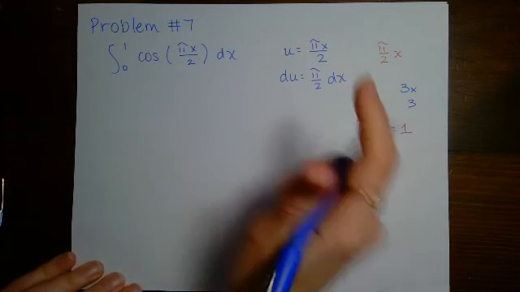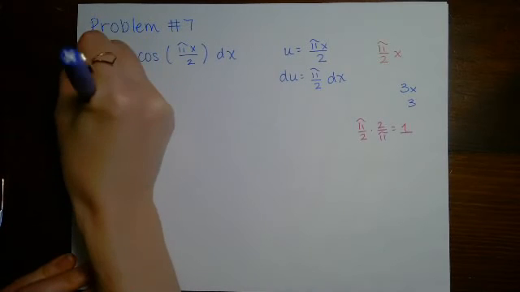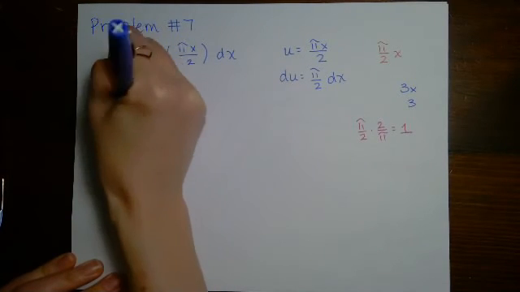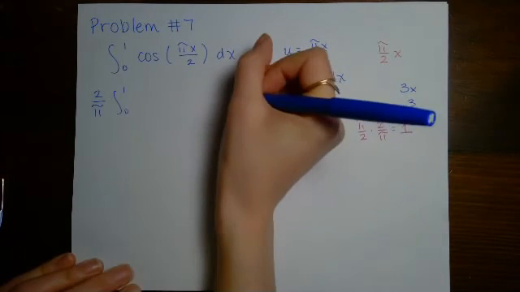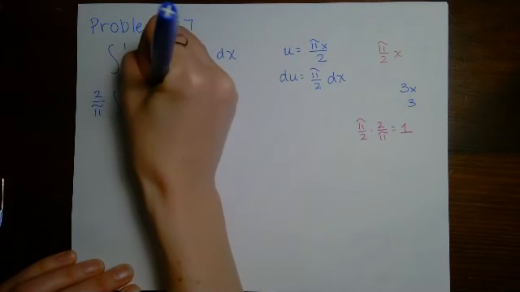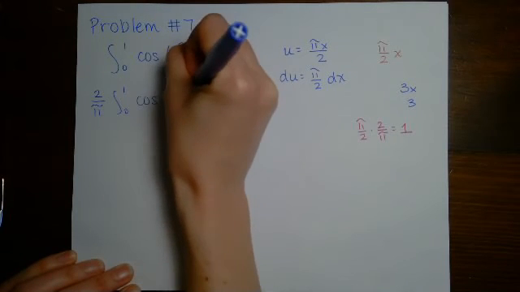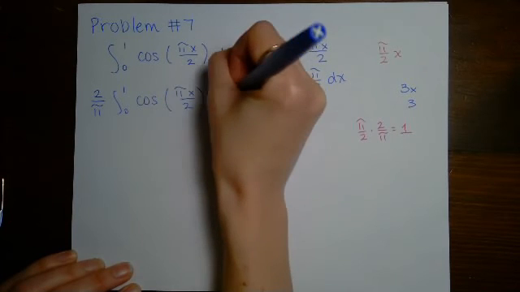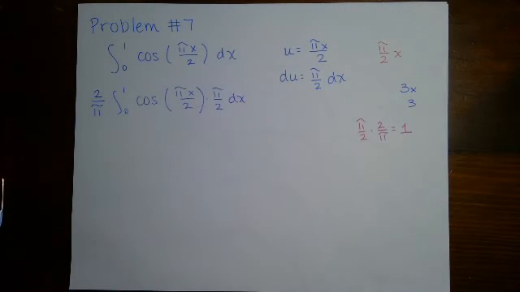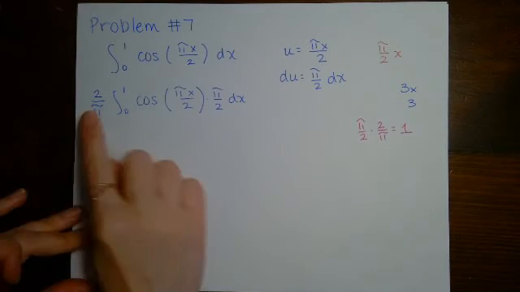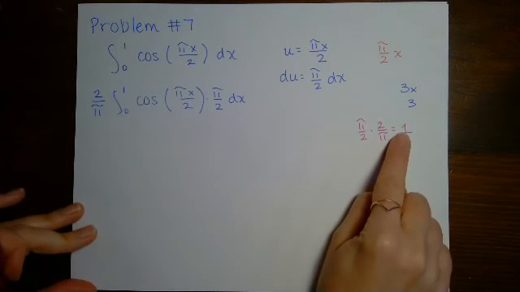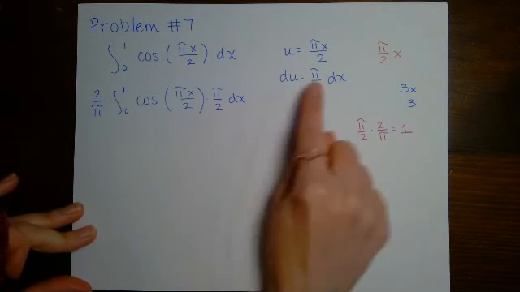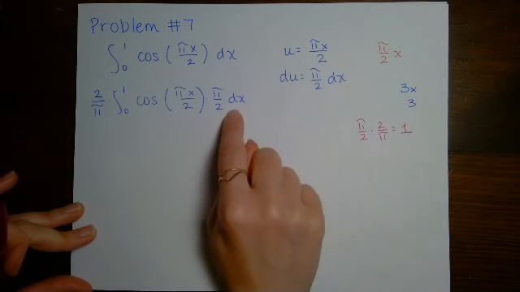So my next line is going to be a 2 over pi outside the integral, cosine, and I'm just going to write it all out for a moment. What I have here is I multiplied by 2 over pi and pi over 2, because that equals 1. And then pi over 2 dx is equal to du.